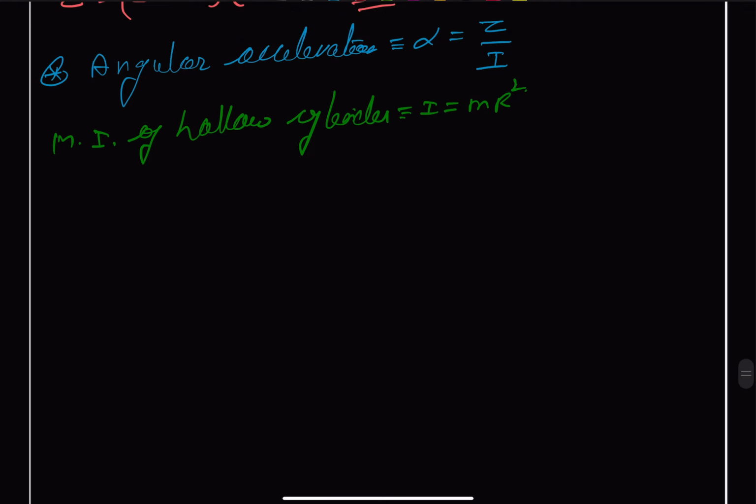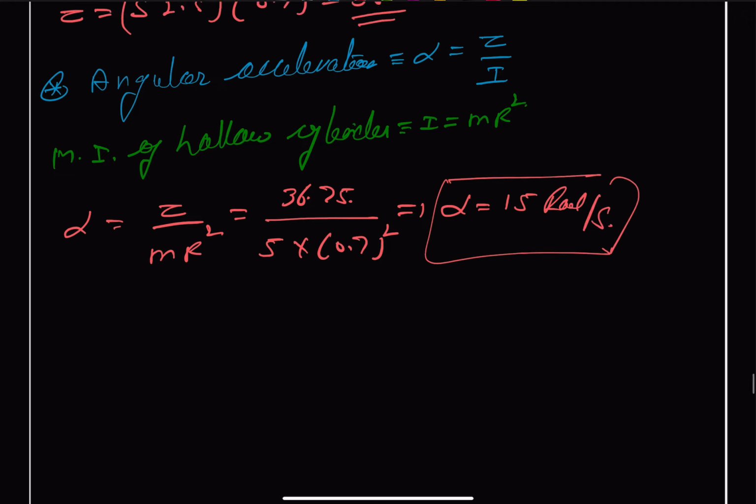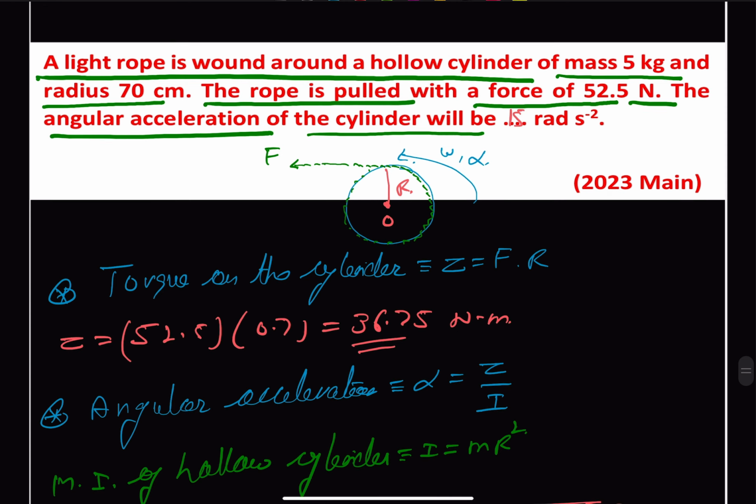So we substitute the values, we get alpha is equal to torque upon mr square, and the torque we found out is 36.75, mass is 5, and this is 0.7 whole square. So this gives us that the angular acceleration alpha will be approximately equal to 15 radian per second square.